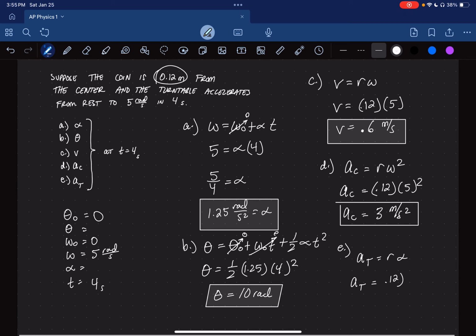It's 0.12 times 1.25, which is 0.15 meters per second squared. There we go.